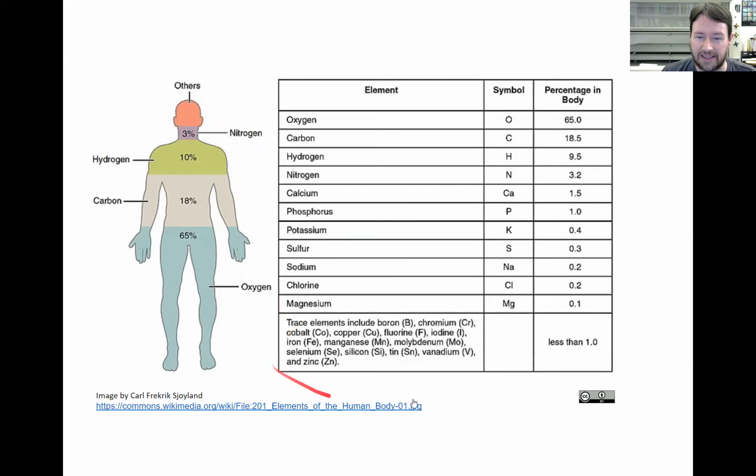And then a lot of trace elements that are just in the things that we eat, and they also sometimes get incorporated into particular proteins. All right, so those are the elements that make up people and basically every other living organism.